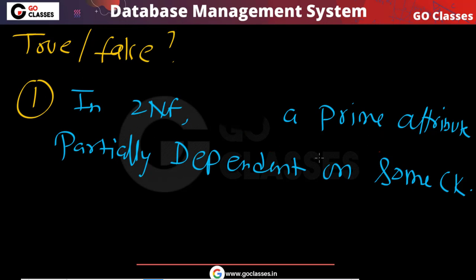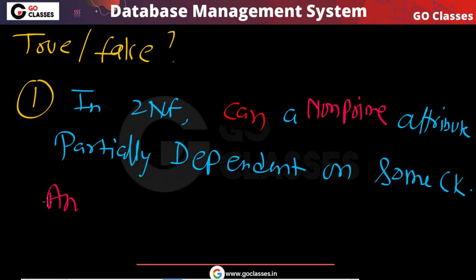I'm talking about a prime attribute. Remember, the definition of 2NF says that a non-prime attribute cannot be partially dependent. Can a non-prime attribute be partially dependent?